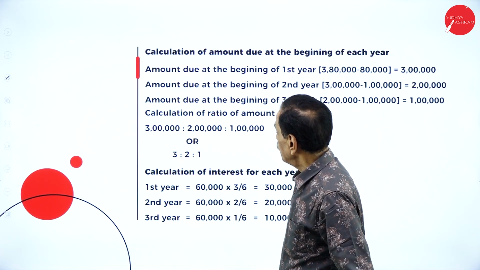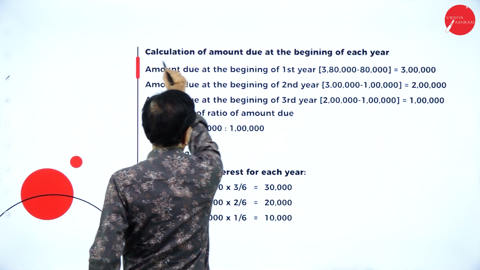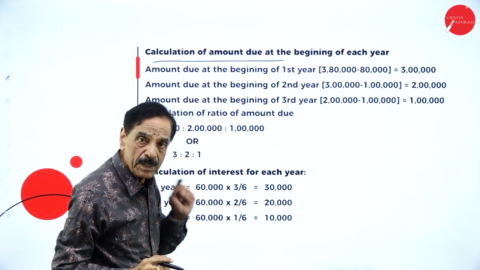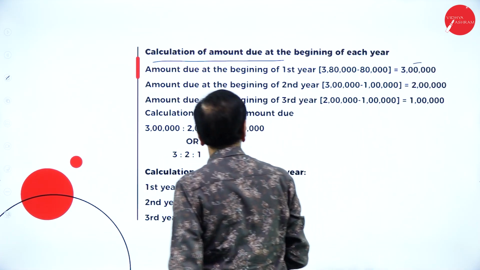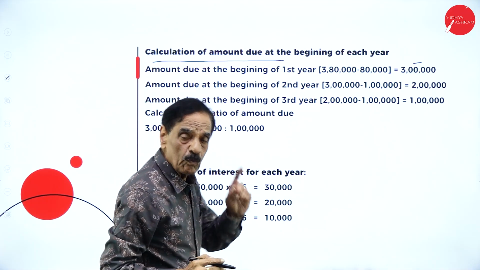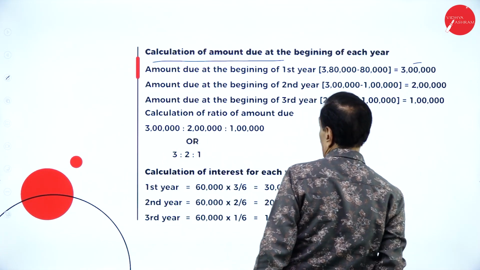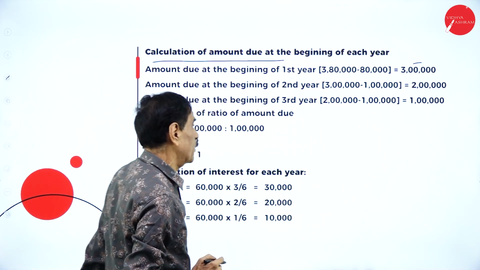Now, how to calculate the interest? Calculate the amount outstanding at the beginning of each year. At the beginning of the first year it is 3,80,000 minus 80,000 down payment, which is 3 lakh. At the end of the first year, 1 lakh is paid, so 3 lakh minus 1 lakh is 2 lakh. At the end of the second year, 2 lakh minus 1 lakh is 1 lakh rupees.